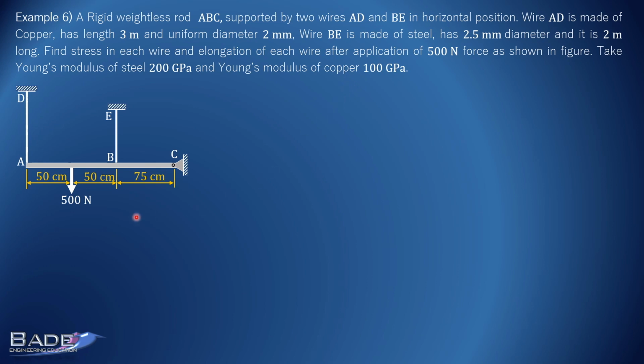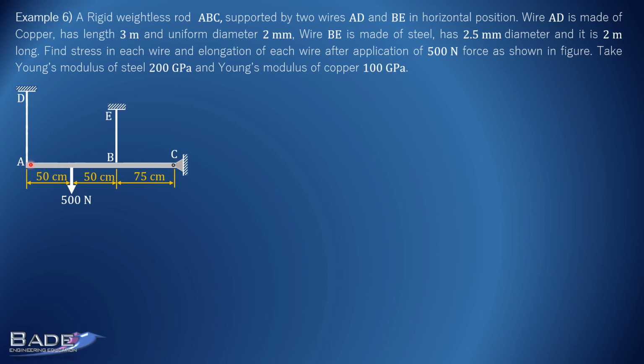Now try to understand here. Before application of that 500 Newton load, rod ABC, which is a rigid weightless rod, is horizontal and supported by these two wires. So we are asked to neglect the weight of rod ABC. When we apply 500 Newton load, this rod, because it is rigid, will not bend.